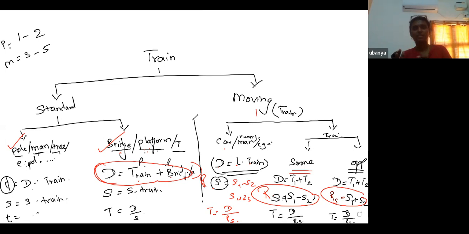The major questions come from this train section, and the whole of the train section is covered by only this formula. So there are basic calculations, where they might give the question in meter per second and ask you in kilometer per hour.